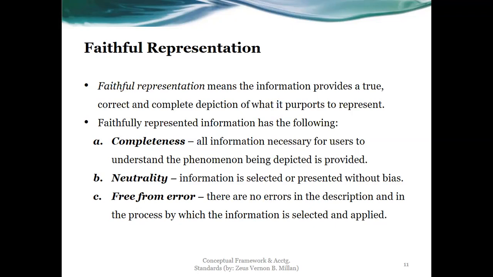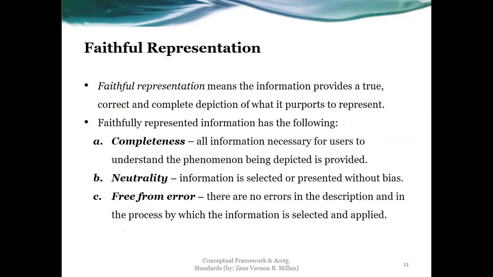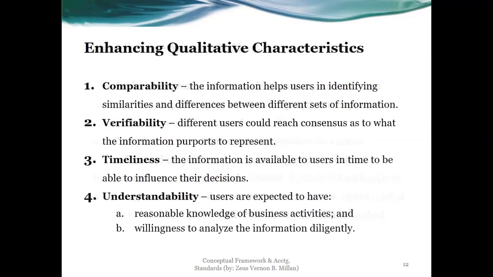So the omission or inclusion or misstatement, meaning wrong information, can have impact on the decision making. That's materiality. So free from material errors, we can of course say that. That's for faithful representation.